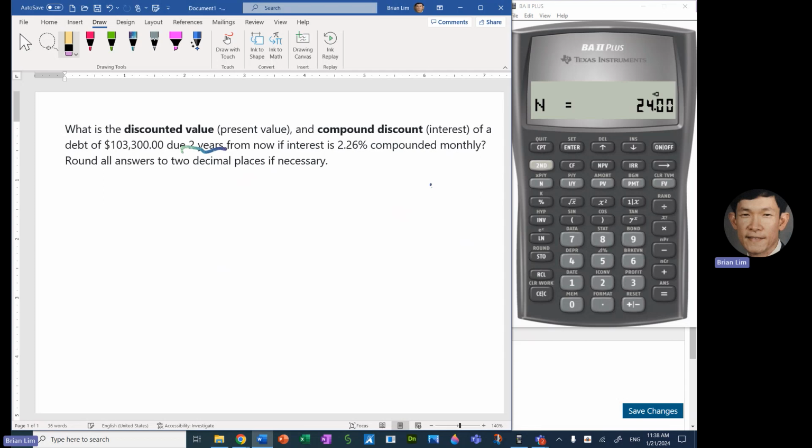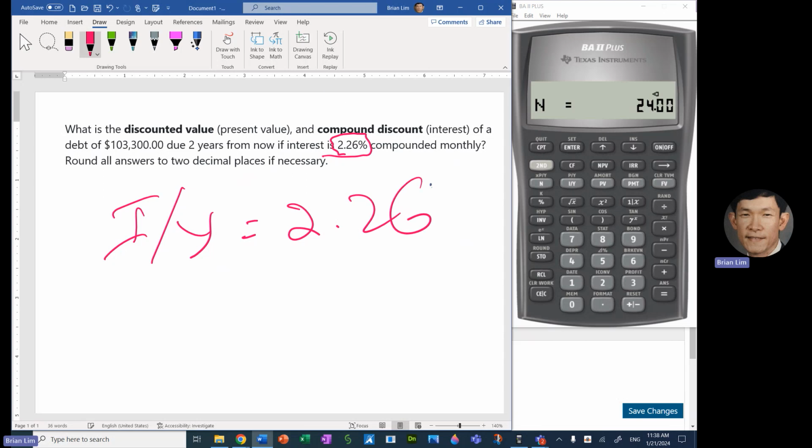The next part is this 2.26, that is IY. So IY is equal to 2.26. Let's input that. We go 2.26 and click on IY. All right, so what do we need to compute?